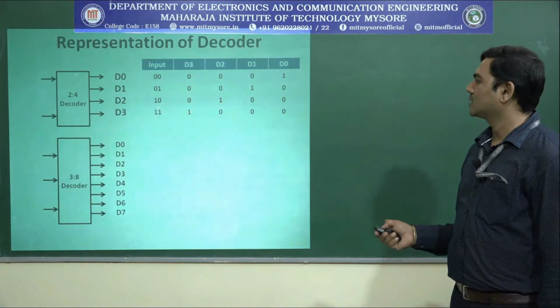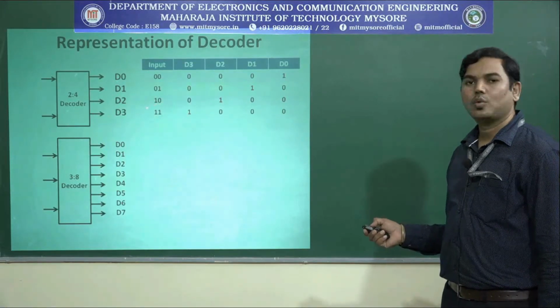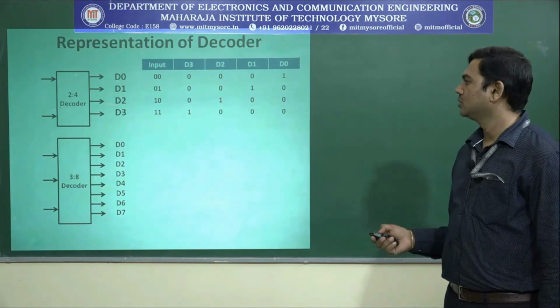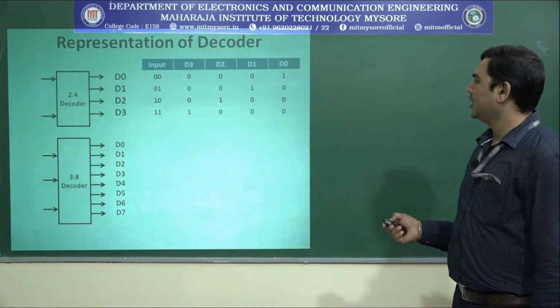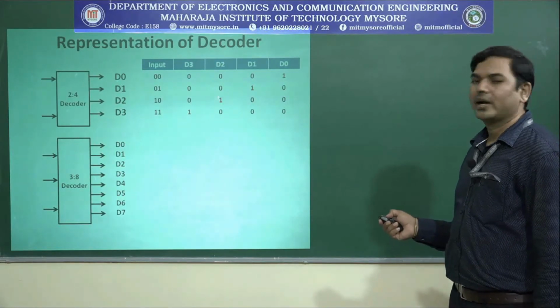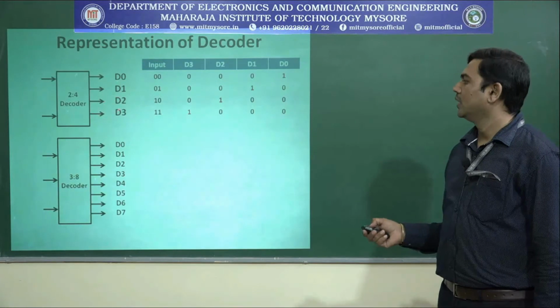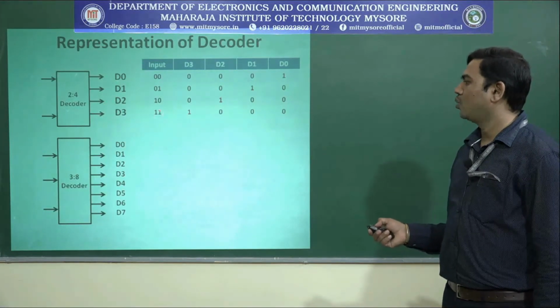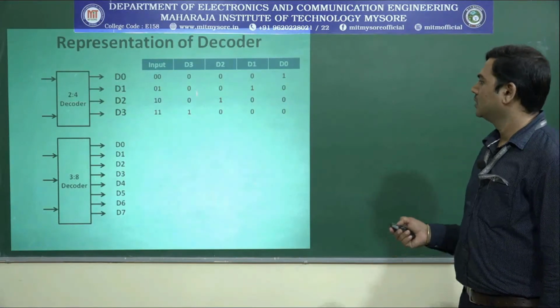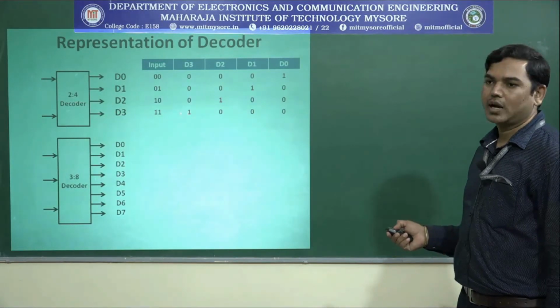Similarly, if I place an index 1, 0, channel D2 will respond by going high. If an index 1, 1 is placed at the input, then D3 will respond by going high.